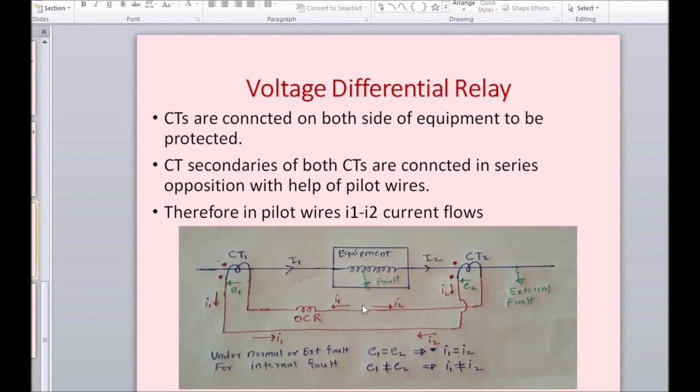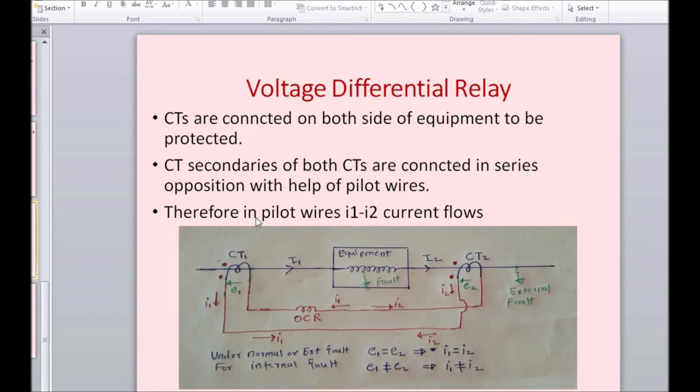That is, I1 current flows from right to left and I2 current flows from left to right in the pilot wires. That is, always a differential current flows through this relay operating coil, but this differential current is due to the difference of EMF induced in the secondary of CT1 and EMF induced in the secondary of CT2.